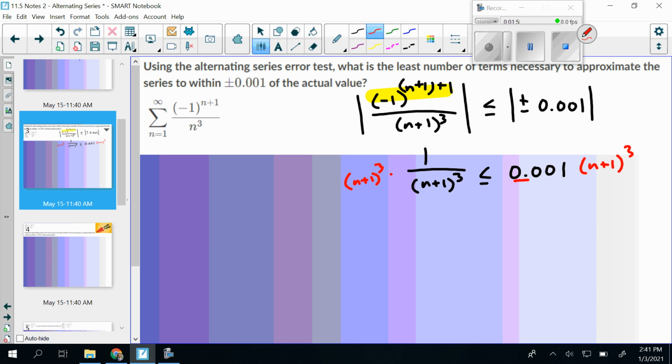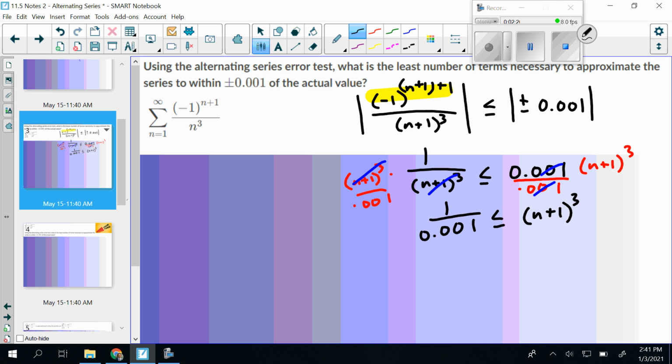So we're going to divide by 0.001. And so what we're going to have now is that these should cancel. So now our statement here is that we're going to have 1 over 0.001 being less than or equal to n plus 1 to the third power.